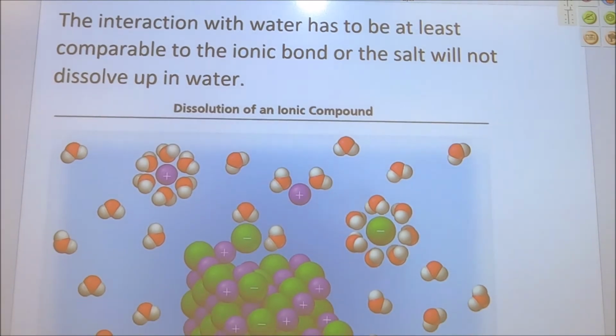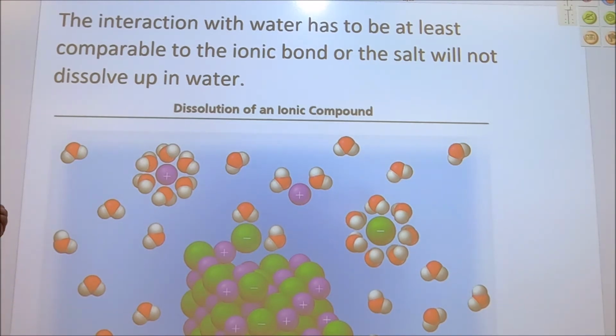Turns out for sodium chloride, and we'll talk about this in more detail next semester, that it can have a really good interaction with water. Sodium ions, chloride ions, great interactions with water. And so sodium gives up its interaction with chlorine.